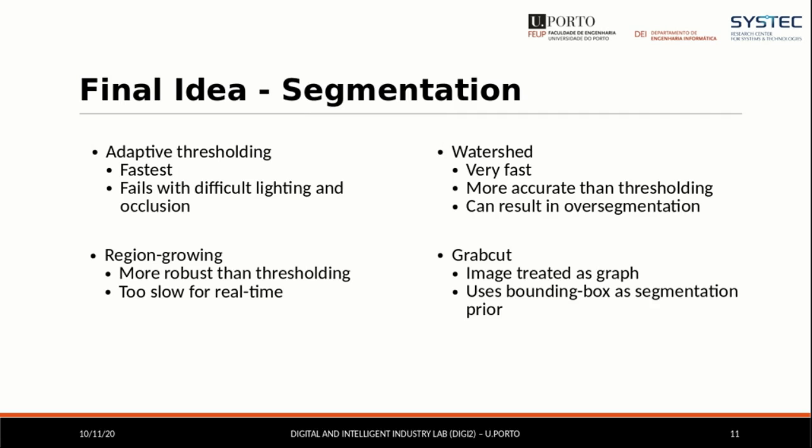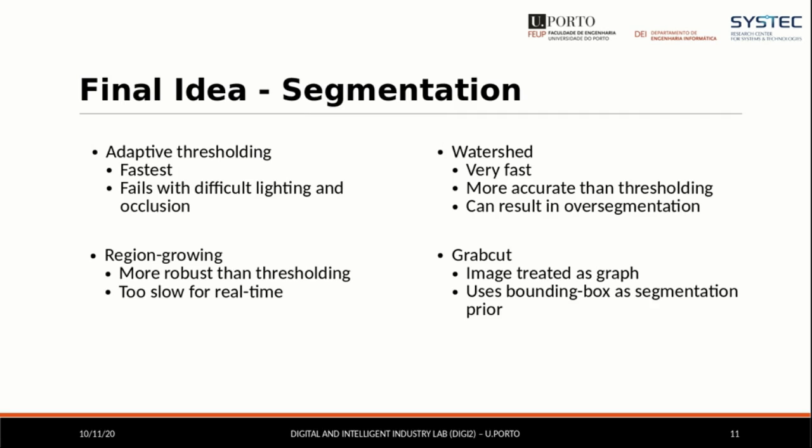The watershed algorithm is very fast and more accurate than thresholding, however it can result in over-segmentation. This would be a real problem in case of segmenting operators with different colored shirts, so this algorithm was also rejected. And finally, GrabCut was chosen.